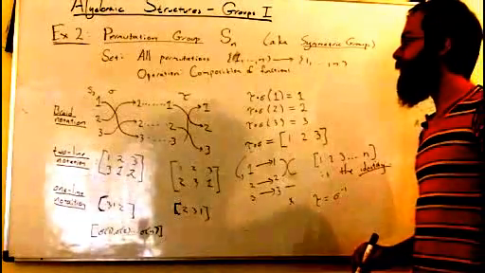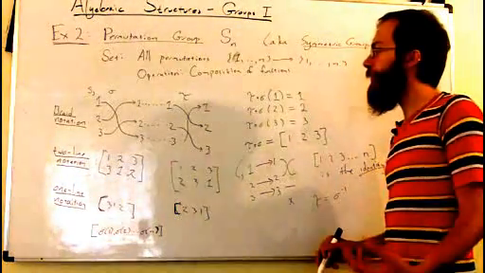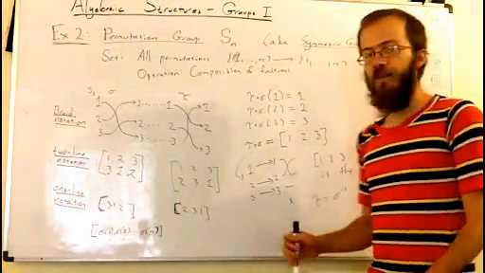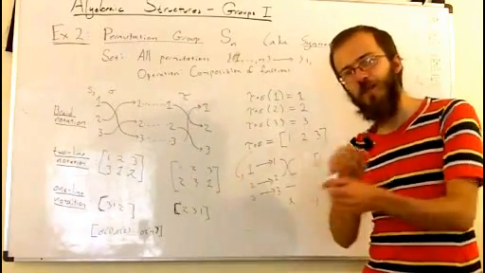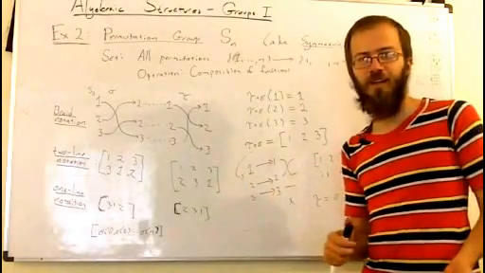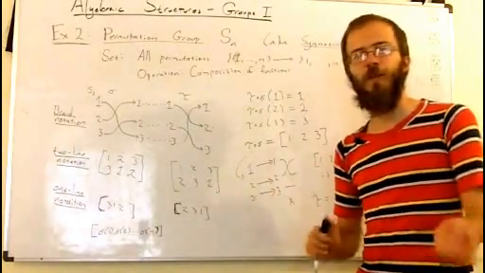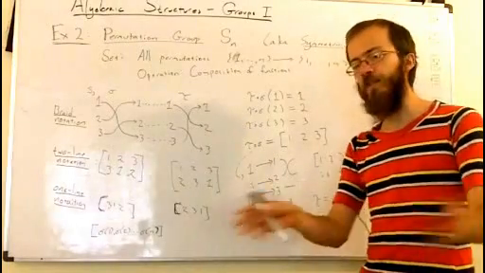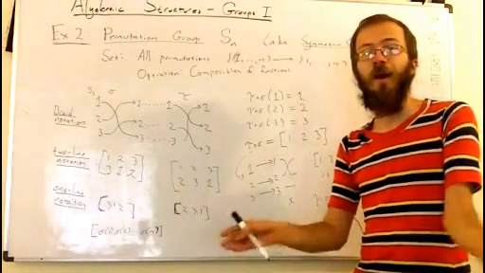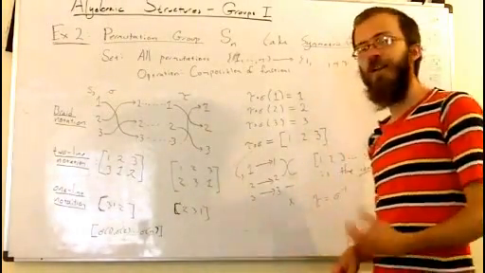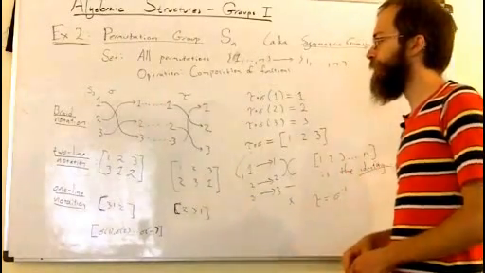In fact, inverses will always exist because, if you think of what a permutation is, it just means switch some things around somehow, right? And you can switch them around however you want. So if I mix some things up, it's possible to unmix them, put them back in order. And that's why inverses will always exist.